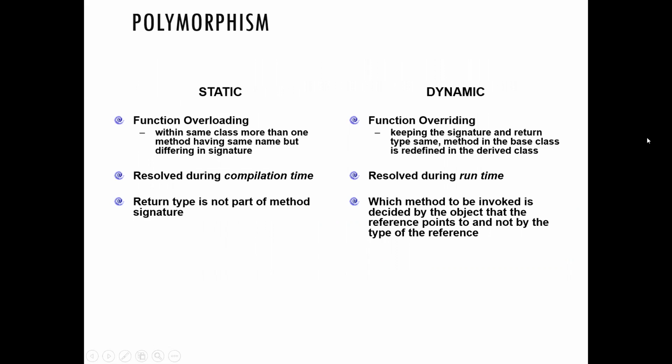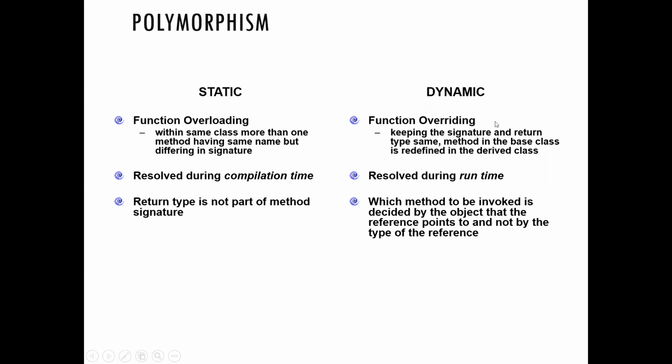Now let's understand these two types of polymorphism: static versus dynamic. Function overloading is within the same class, more than one method having the same name but different signatures. It's called function overloading. It is resolved during compilation time. Return type is not part of the method signature. So this is static. Polymorphism has two forms: one is overloading and one is overriding.